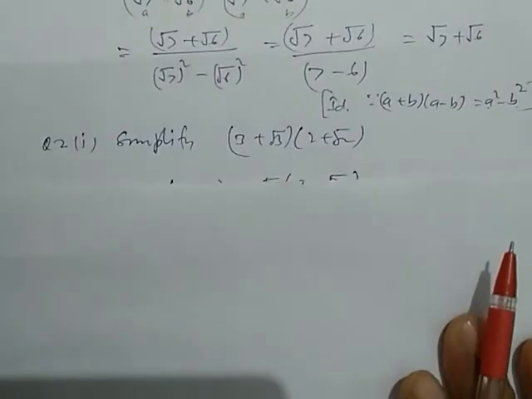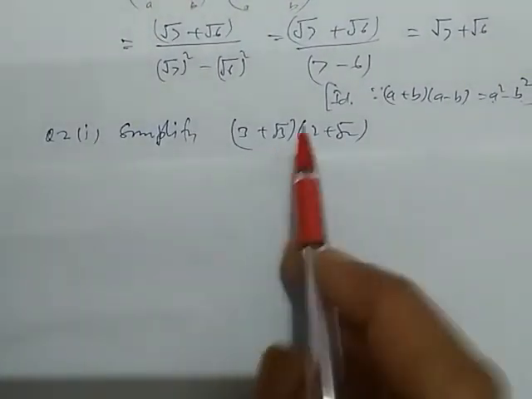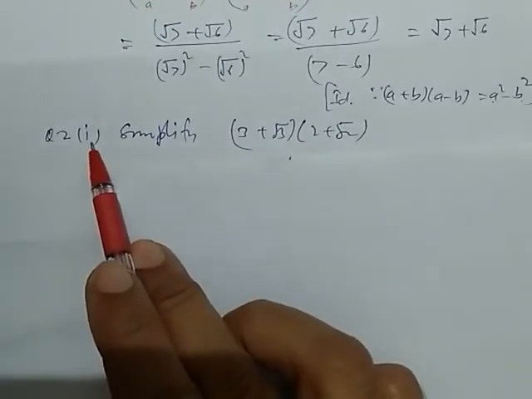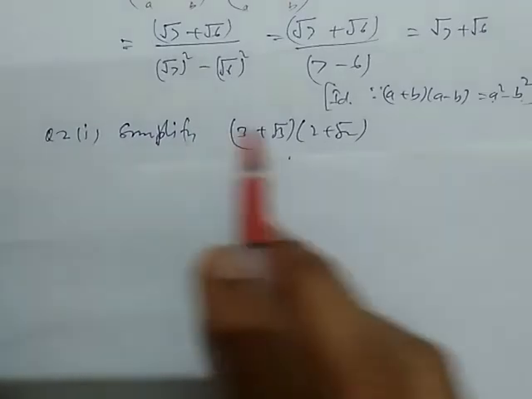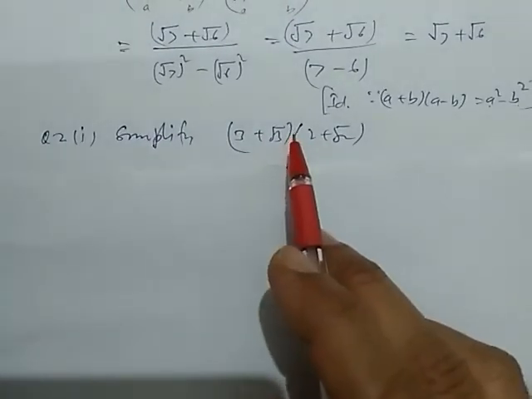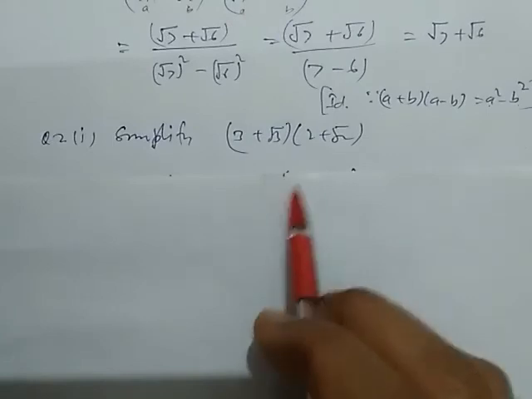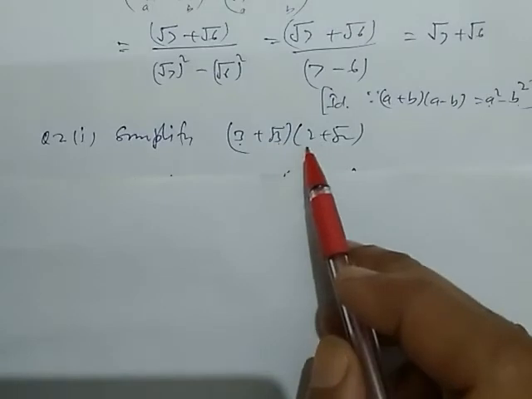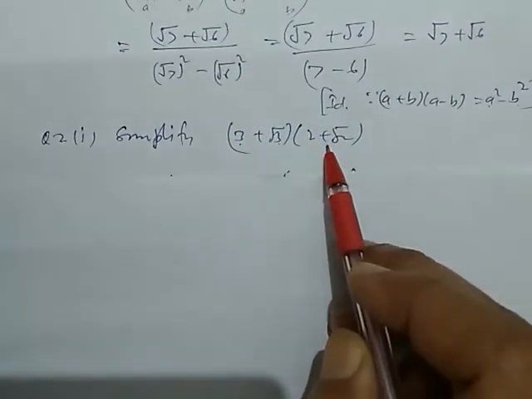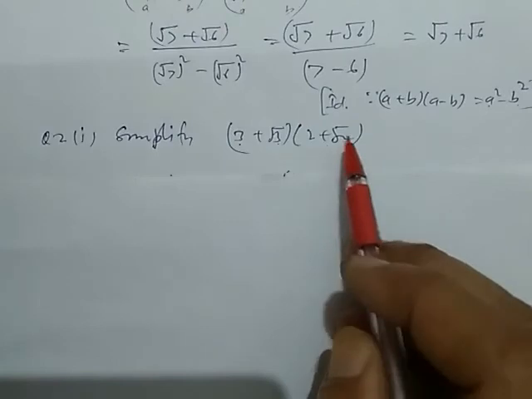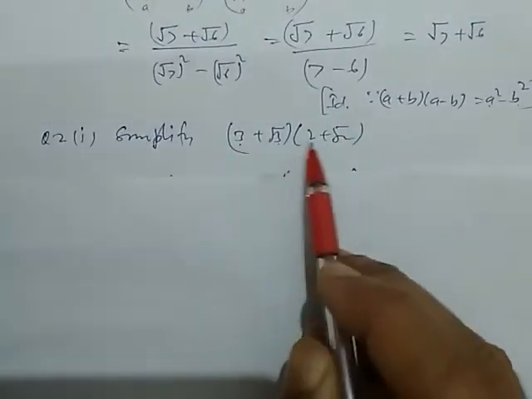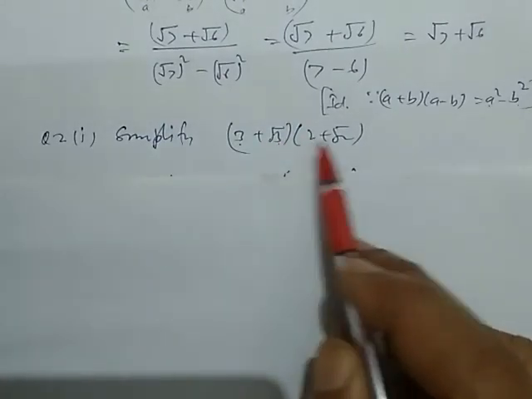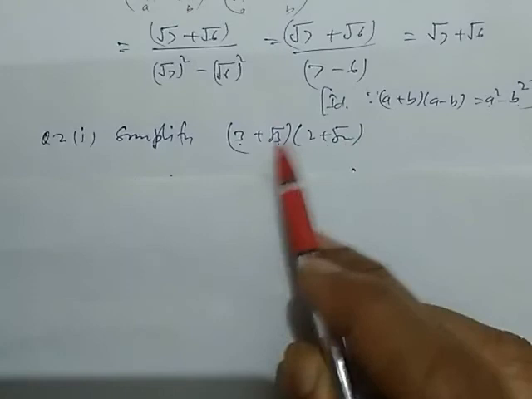Okay, we take one more example. The question is simplify this. This is question second, first part of exercise 5.2. Three plus root 3, 2 plus root 2. Okay, here this is x plus a, this is y plus c, or like that.